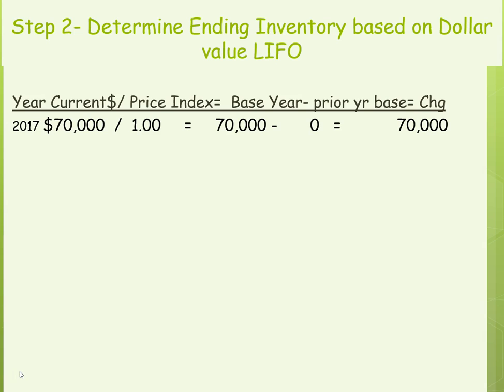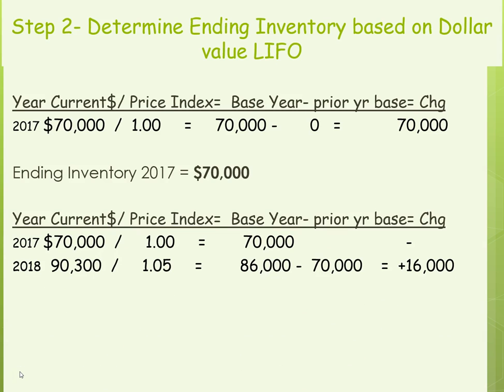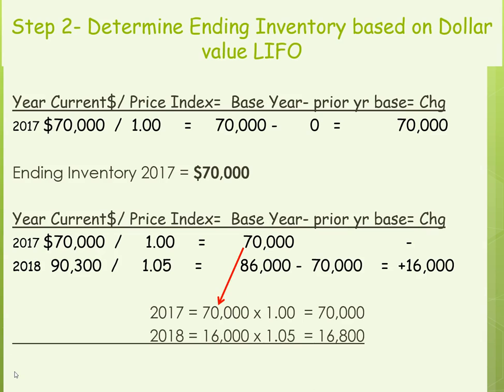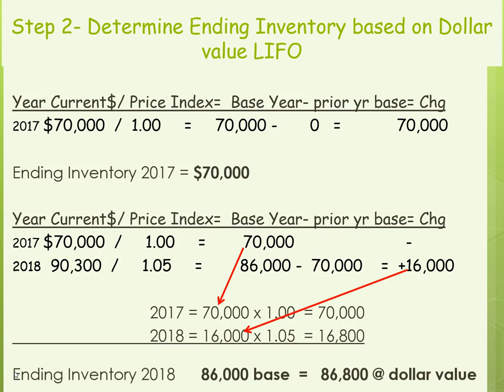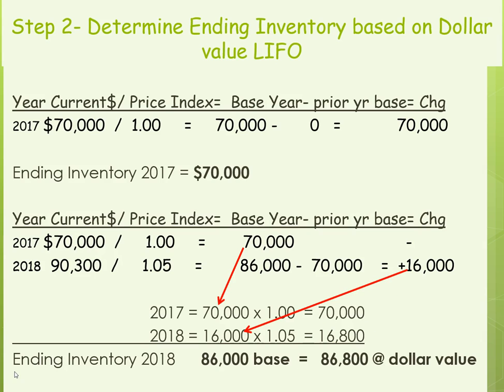All right, so for year 1, ending inventory is going to be 70,000 because that's the base year. Year 2, it's going to be 70,000 plus 16,000 at the 1.05. And so that gives us our $86,800 at dollar value LIFO.